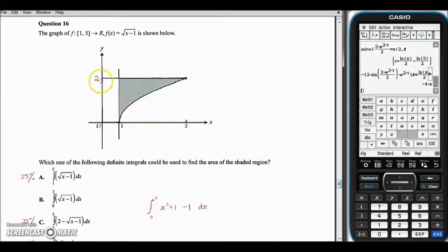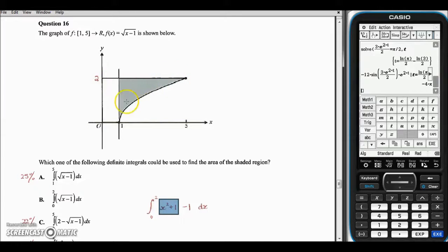If we're going to do it the proper way, we could find the area using the inverse. So if I find the inverse of the square root of x minus 1, the inverse is x squared plus 1. So the area of the shaded region would be from 0 to 2 of x squared plus 1.